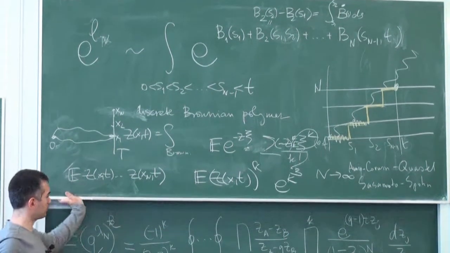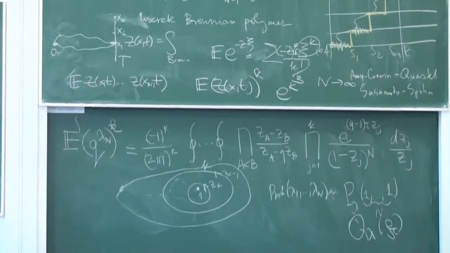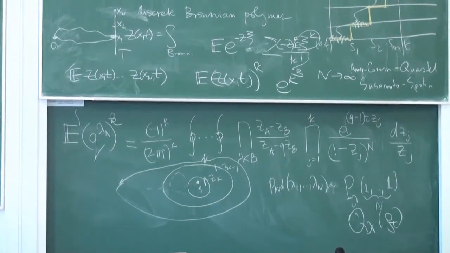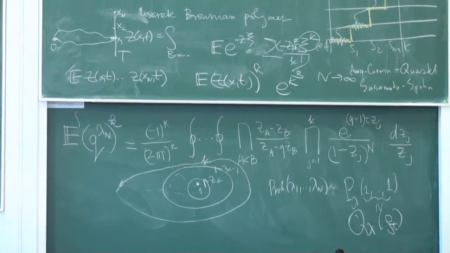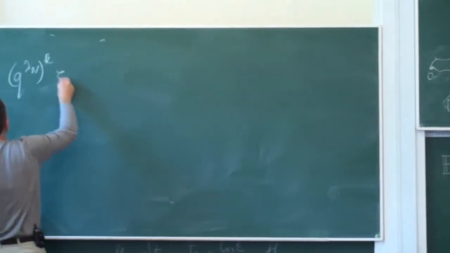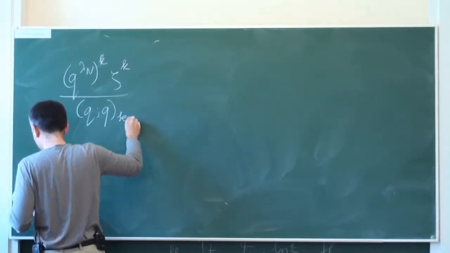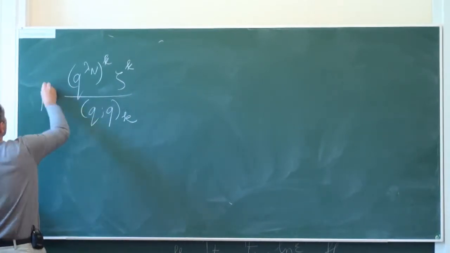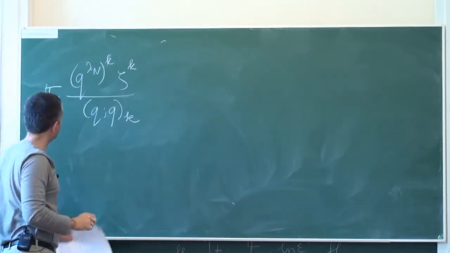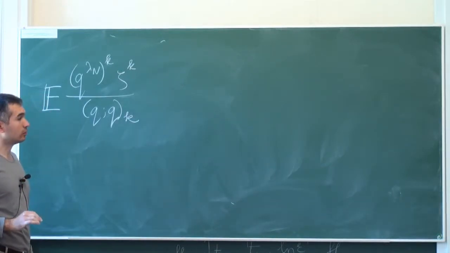See, I have these formulas here for the kth moment. And it just so happens that if I take the generating function for these moments, this is a q-generating function, and this is the q-analog of the Laplace transform.